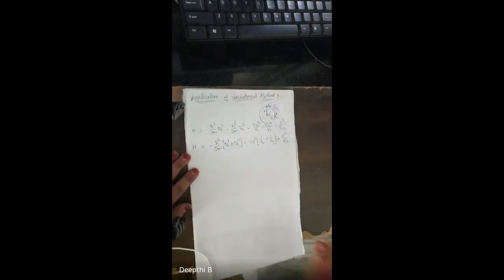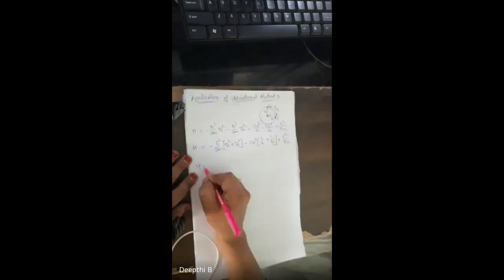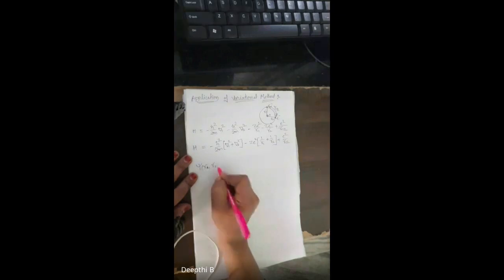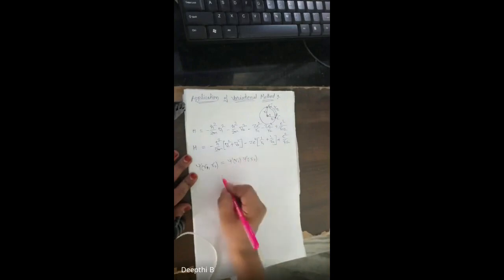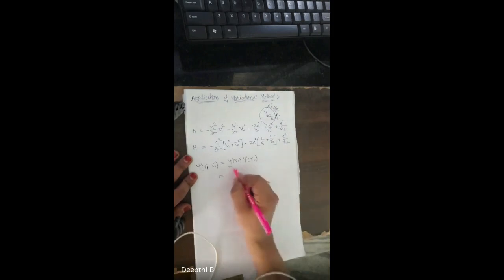Okay, so now the wave function. psi of r1, r2 is equal to psi r1 into psi r2. Now psi r1 and psi r2 values you already saw in your last topic.